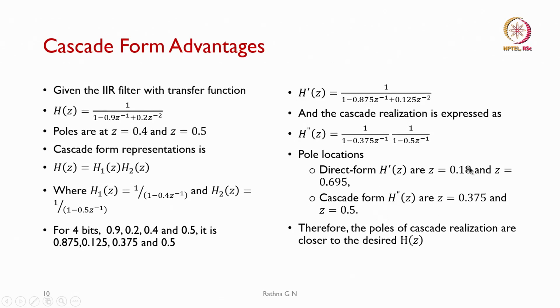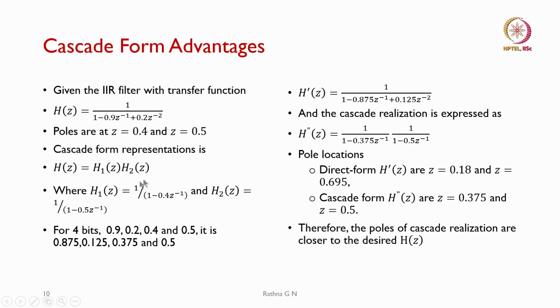Instead, what we are supposed to get is 0.4 and 0.5. In the direct form the pole locations are at 0.1 and 0.695, so you see they are very far apart, whereas in the cascade form they are nearer to the values we have represented.